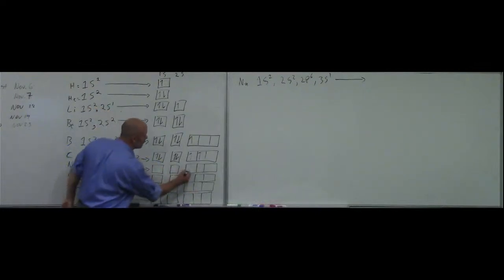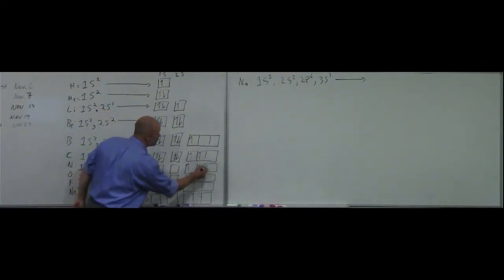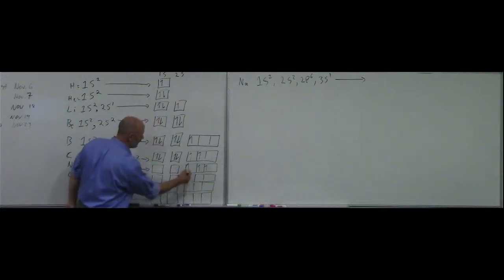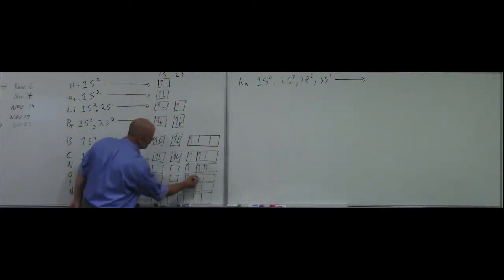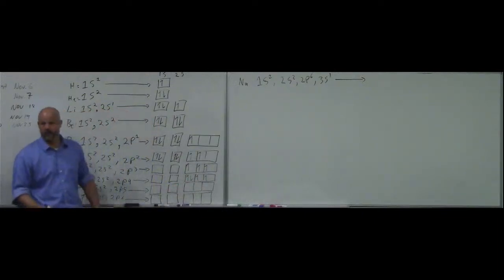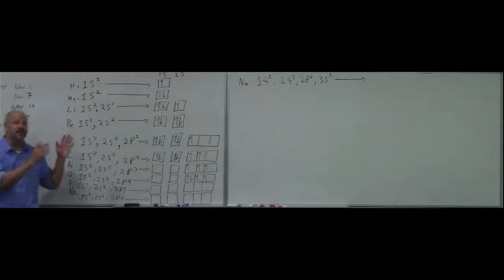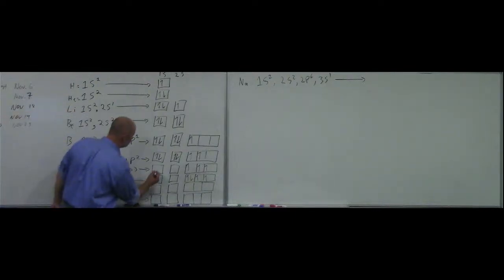So this one's going to go like this. And now, when I get to this next one, I go up, up, up, and then I can put my down. Did you catch that? Every one of these suborbitals gets a spin up before any of them get a spin down. Probably a better way to say that than the way that I said it, but you know, you're stuck with me.